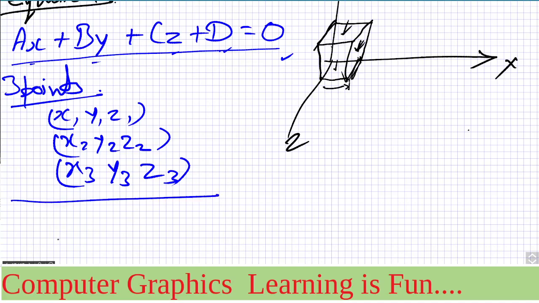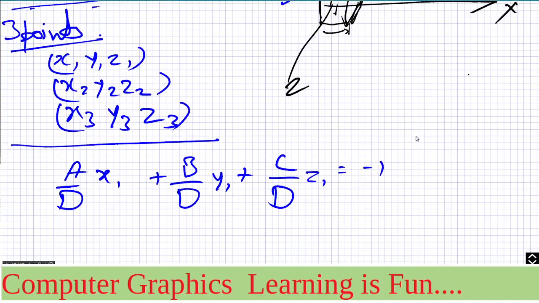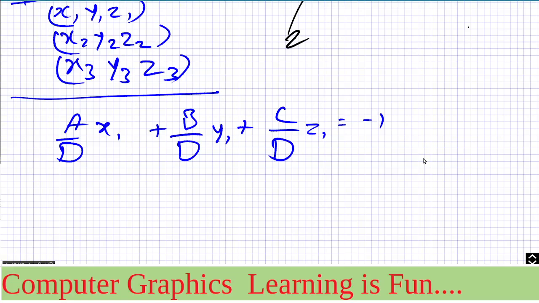So if I am writing something like a by d x1 plus b by d y1 plus c by d z1 is equal to minus 1, it is correct.